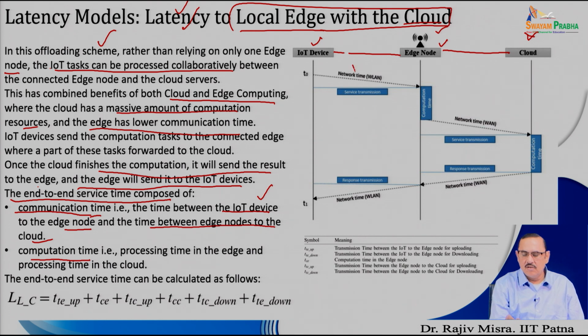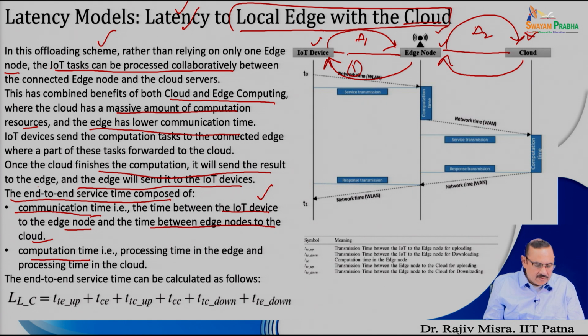So, this is one such time, that is when the IoT device offloads to the cloud. When the edge node then offloads it to the cloud, that is another delay. This is called communication time, and then once the results are ready, the reverse communication has to happen, so the results can be communicated back to the IoT device.